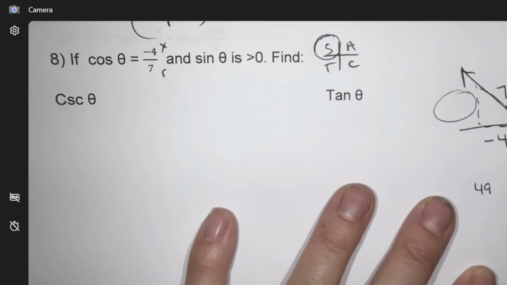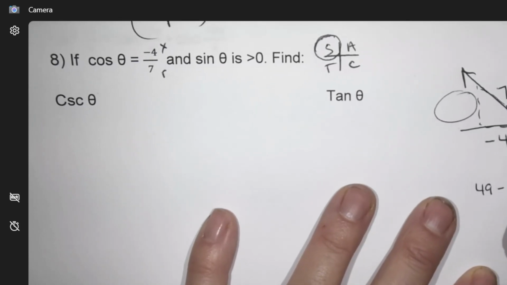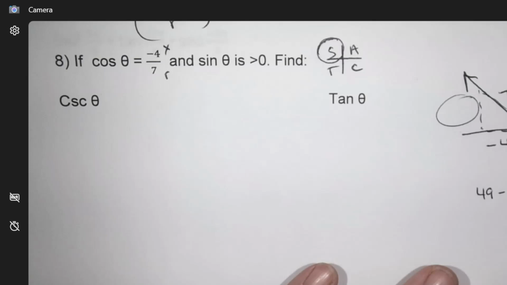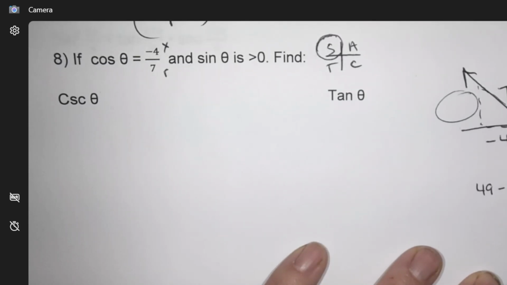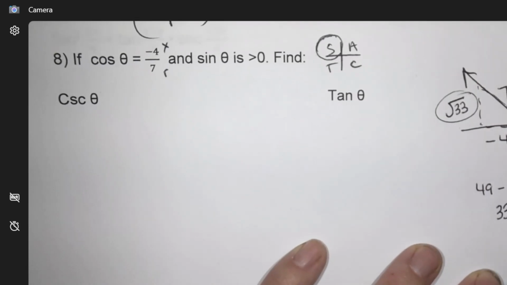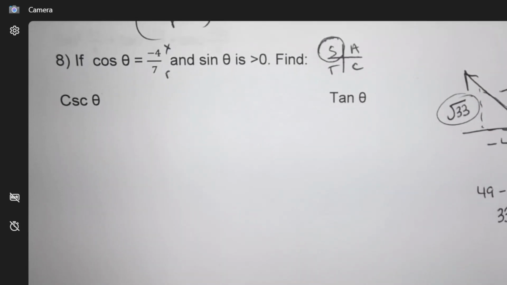So I did 7 squared, subtract 4 squared. So 49 subtract 16 is 33. Is that square rootable? Nope. So you leave it, square root 33.